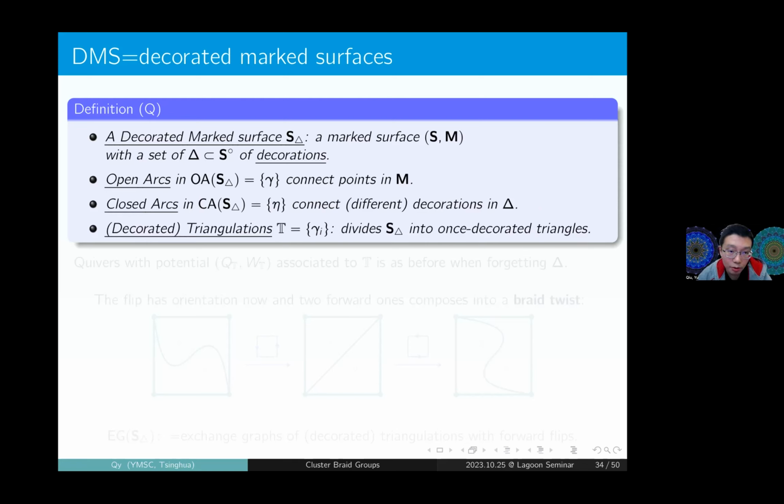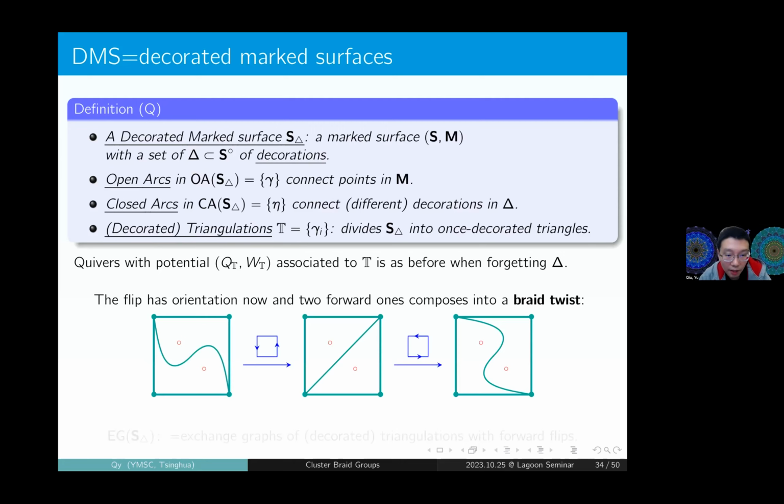And when we consider triangulations with decoration, we want a collection of open arcs that divides the surface into triangles, each of which contains one decoration. So the number of decorations is determined by the number of triangles of the marked surface, which is fixed numerical data from S and M. And once you have the decoration, you still have the quiver with potential associated with that. The thing that changes is the flip.